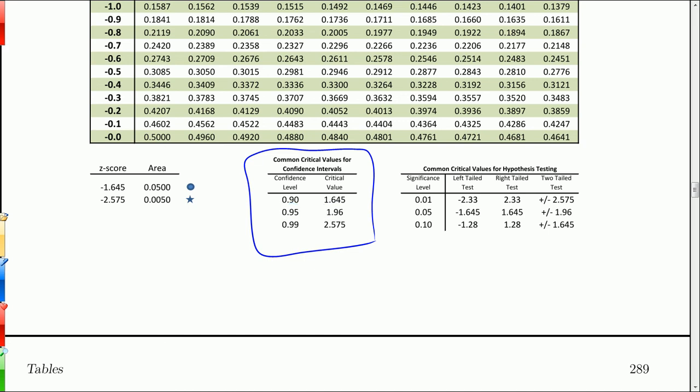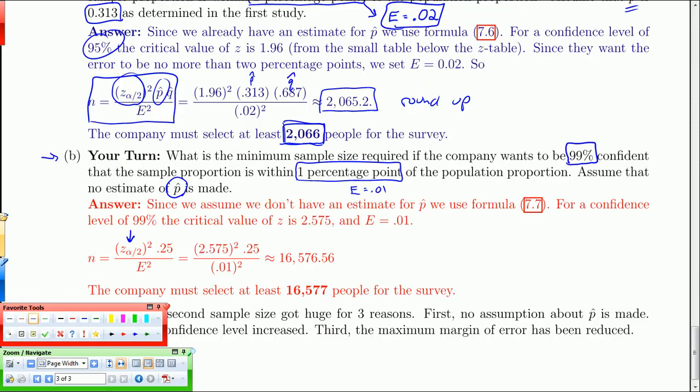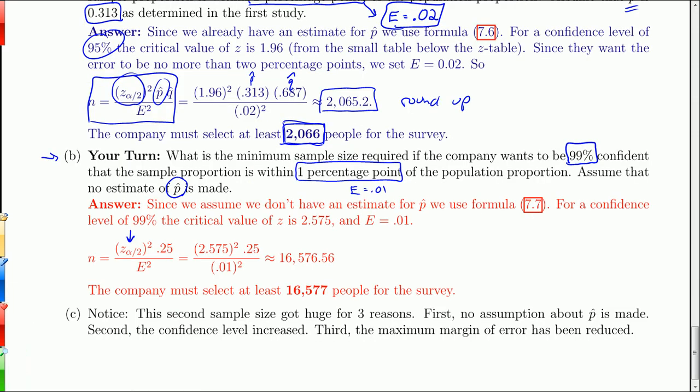I have a critical value of 2.575. Right? Easy. That little table is really helpful. So there's the 2.575. I don't have p hat q hat. I replace it with 0.25. My maximum margin of error is 0.01, so that goes in there.